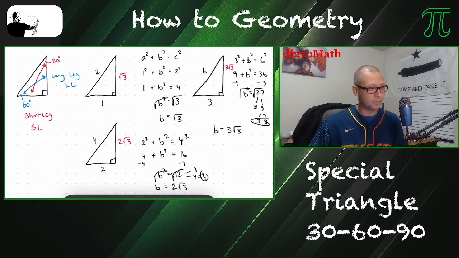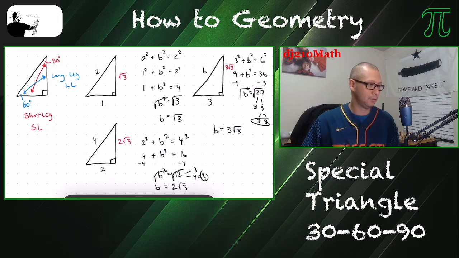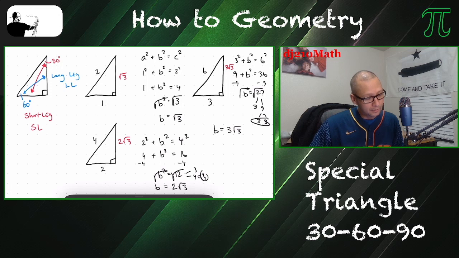Okay, I think this is sufficient to make a hypothesis on what the pattern is going to be. In the first example, the short side is 1 and the hypotenuse is 2. So the relationship there is the hypotenuse is 2 times the short leg. The long leg is the short leg times root 3.